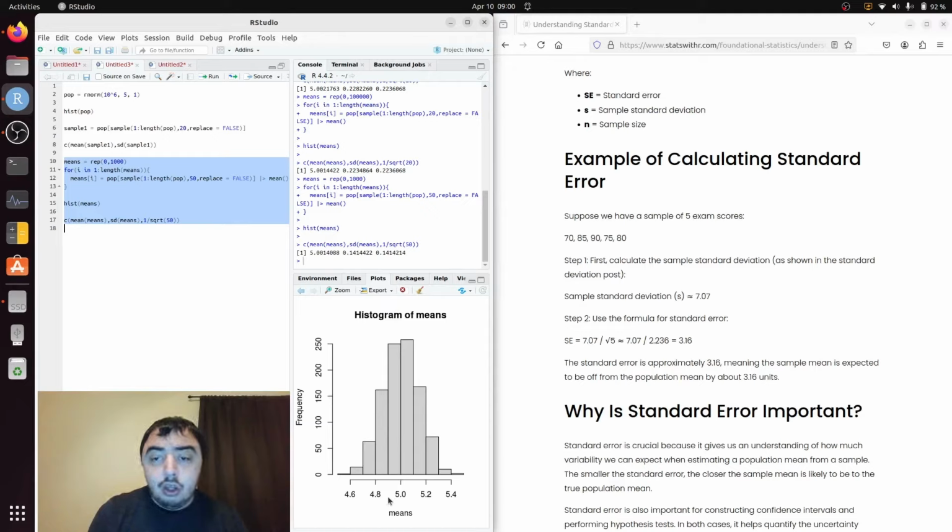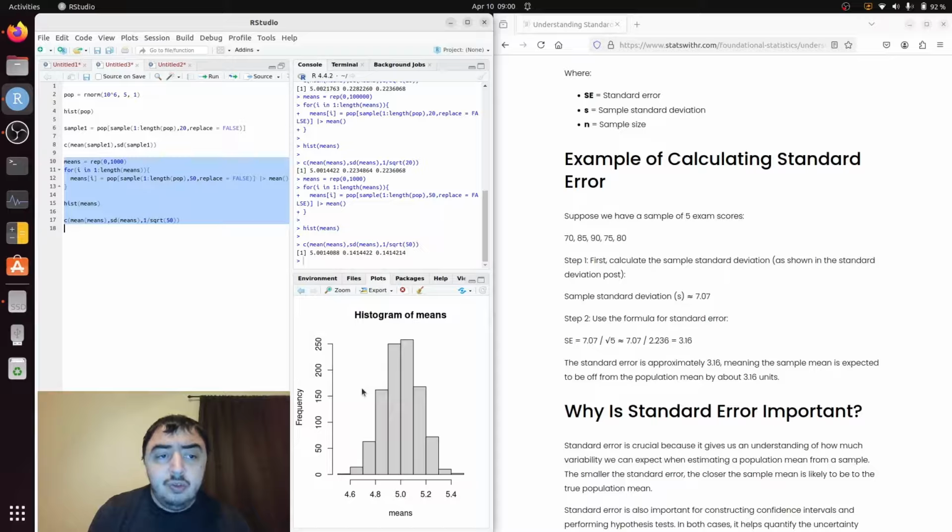So why is this useful? When we take a sample mean, the standard error tells us about how close we are. We take the mean and we do plus and minus 1.96 times standard error, and we get a confidence interval for where we believe the mean would be in the population.